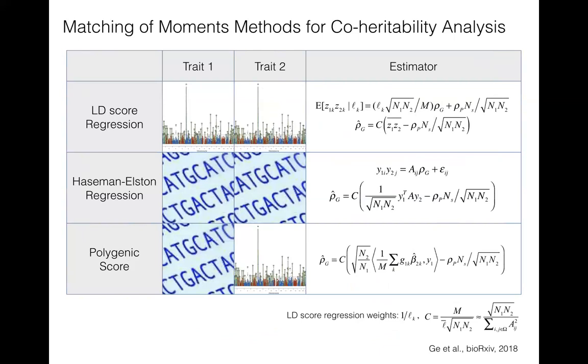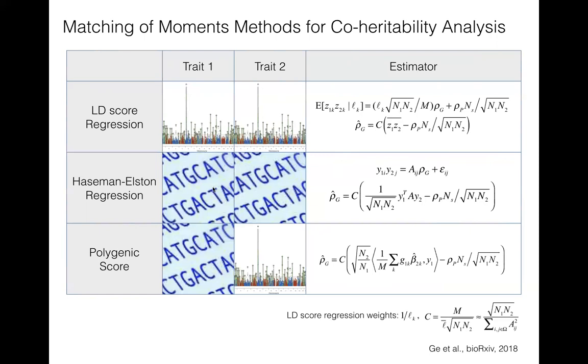So the moment matching methods can also be generalized to genetic correlation and co-heritability analysis. If you have two traits and both traits have GWAS summary statistics, we can run LD score regression, which is basically the average of the product of the statistics across the genome, corrected by a bias term, which depends on the sample overlap of these two traits, and then scaled by a proper constant.